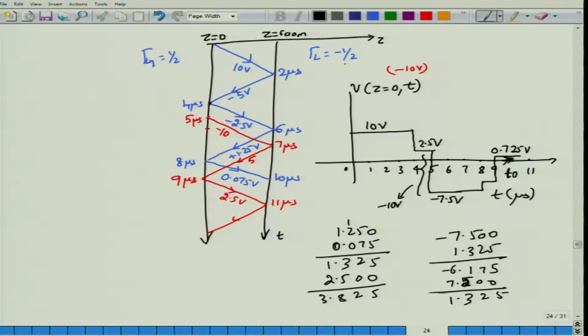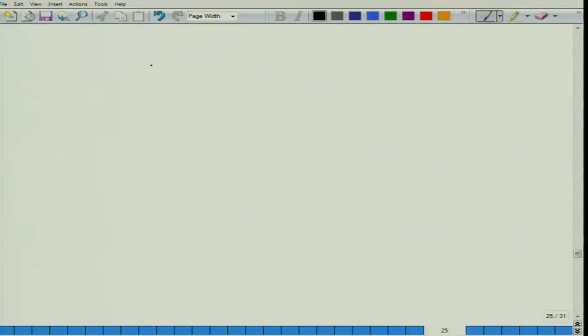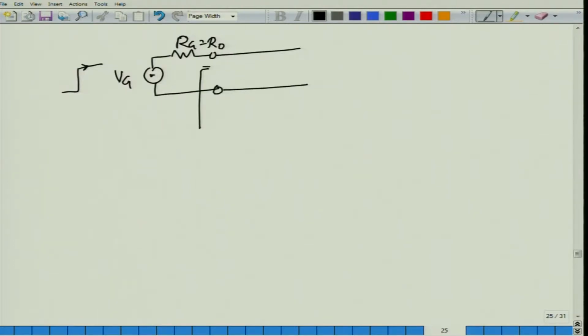Okay. Here let me assume I have some voltage, that is some Vg, which of course I am not going to assume a pulse, I am assuming a step voltage, and it has some Rg, but this time we choose Rg equal to R0. Okay. And then connect this one to a transmission line circuit and monitor the voltage at the input terminals of the transmission line.